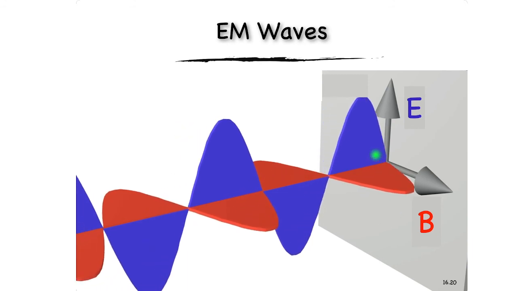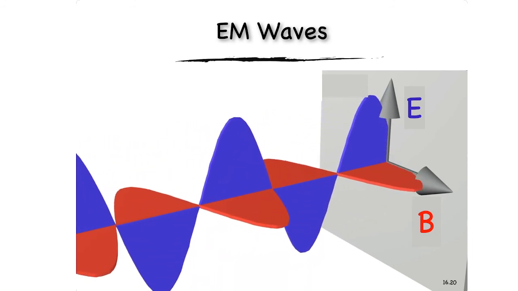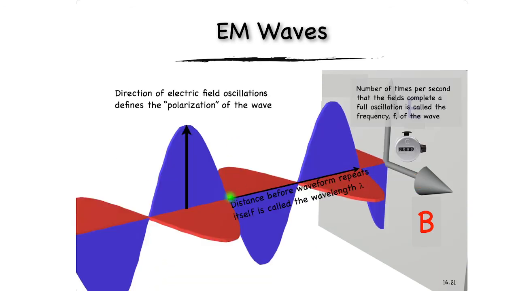So from now until now is one period. The wavelength is the distance over which it takes the wave to repeat. So you could measure it from the peak of one wavefront to the peak of the next, or the trough of one to the trough of the next, or any two points that are repeated on the wave.